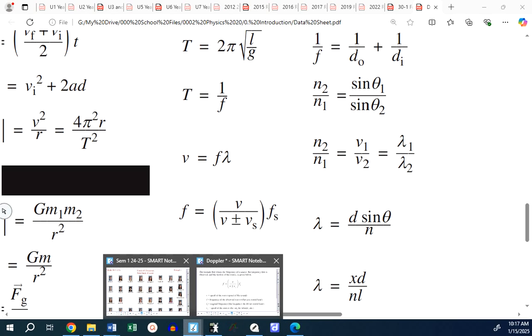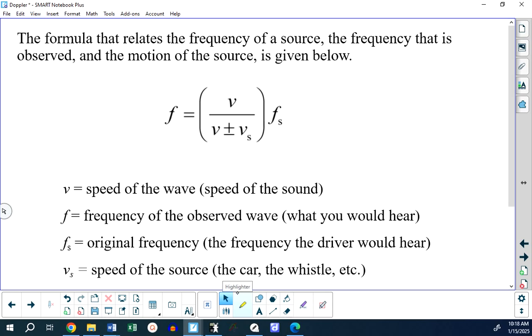So, what do all of these variables stand for? V is the speed of the wave. It's got nothing to do with how fast the train is moving. It has everything to do with how fast the sound travels through the air. That's it. F is the frequency of the observed wave.